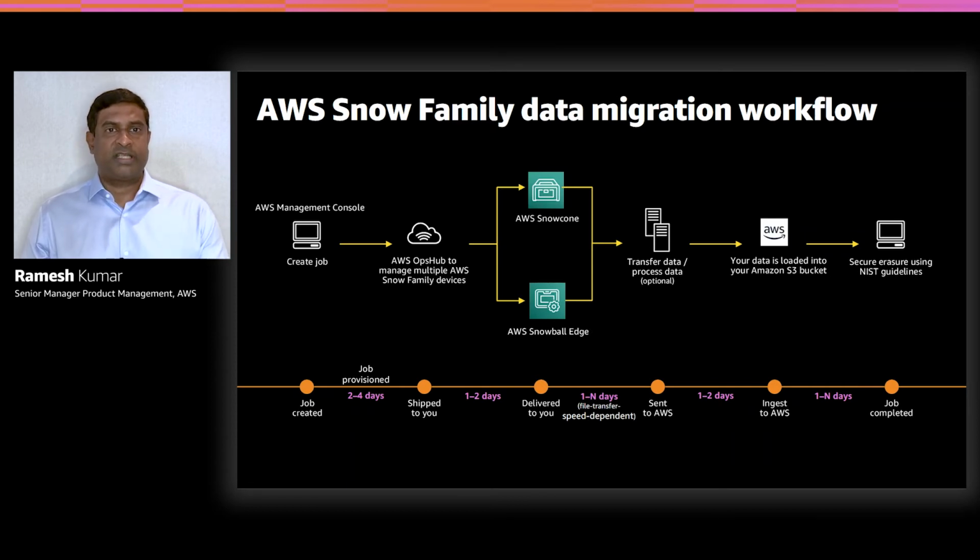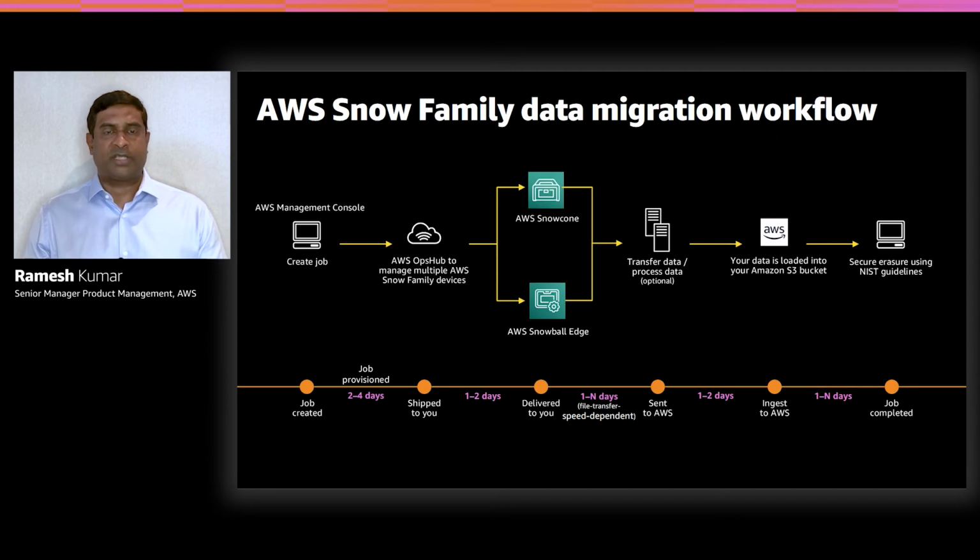Once customers receive the Snow device at their edge location, they can use AWS OpsHub to set up, configure, and unlock the Snow device. You can set up any edge computing application or any data transfer application that you want to run on the captured data prior to migration to AWS.